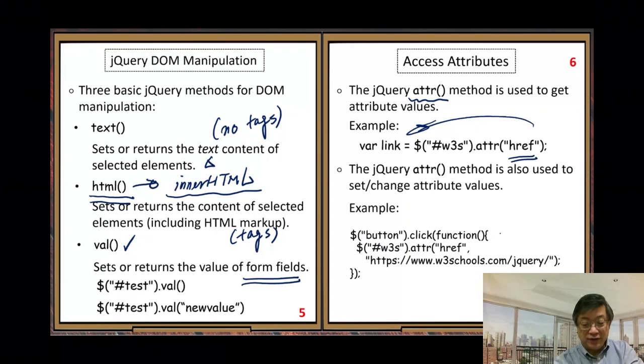Then the first argument of attr is the attribute name. The second argument is the value for this attribute. In this way, you can change the value of any attribute in a simple way.